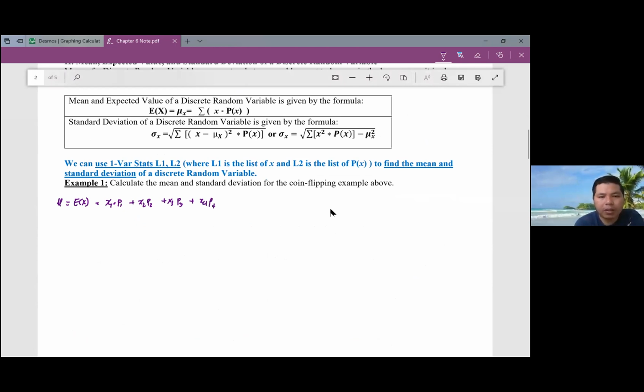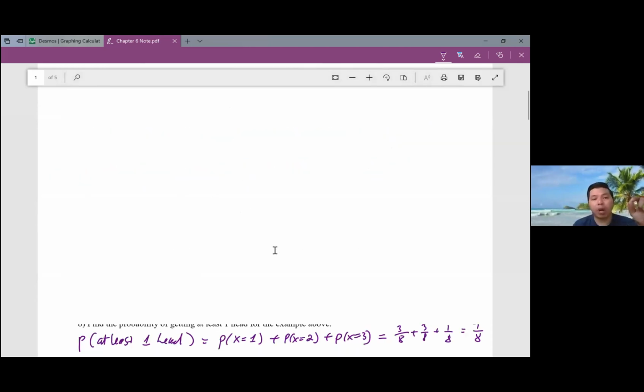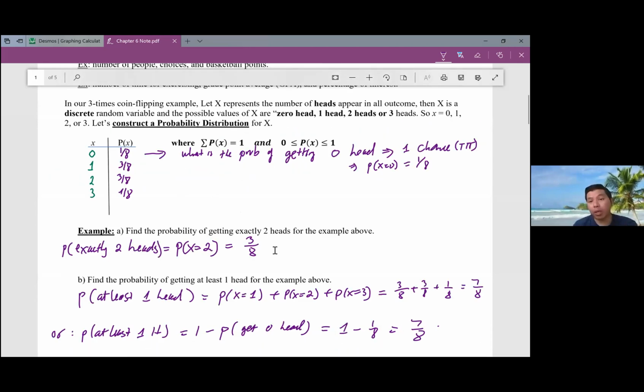So here I have 0 times 1/8 plus 1 times 3/8 plus 2 times 3/8 plus 3 times 1/8, because we only have four scenarios: 0 heads, 1 head, 2 heads, and 3 heads, each corresponding to its probability.